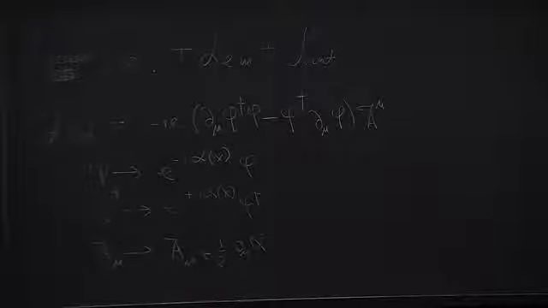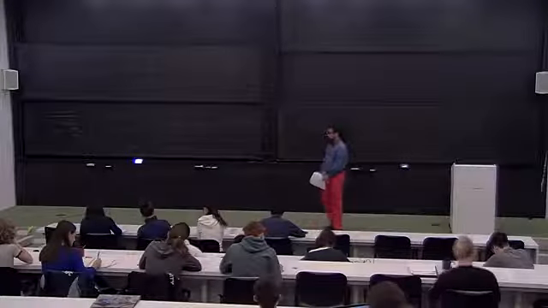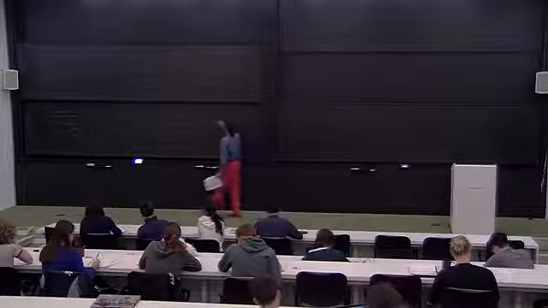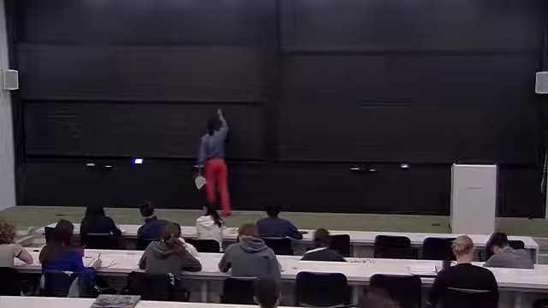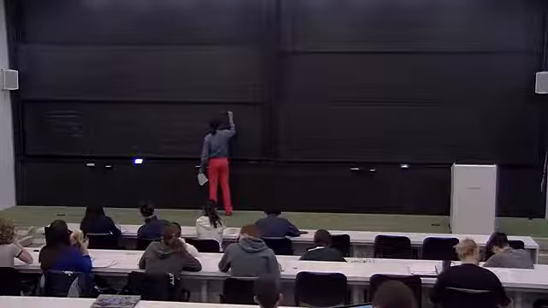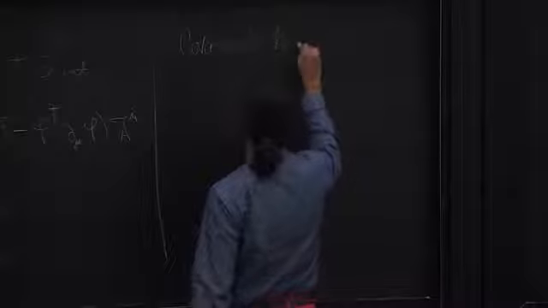There's a more elegant and deeply geometric way of re-expressing these statements, and that's by introducing a covariant derivative. And I will come to why we are calling it covariant.